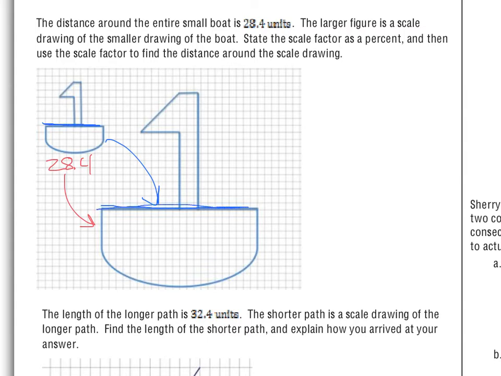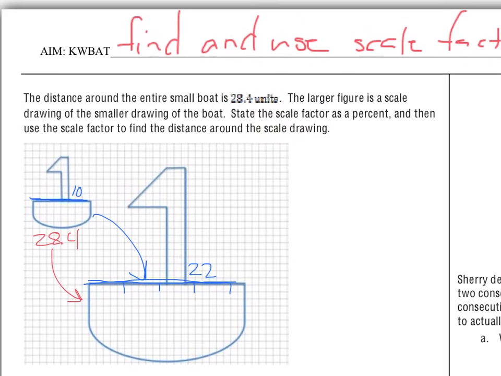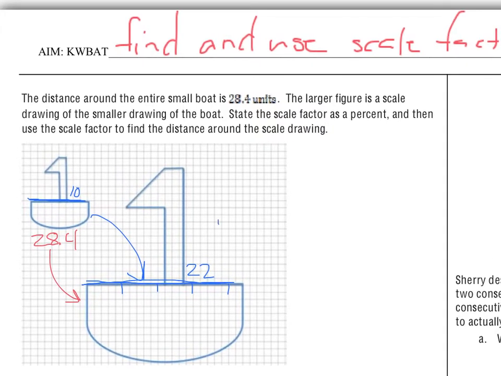So as I count, it looks like our distance across the top here is 10, and our distance across the top here is going 5, 10, 15, 20, 22.